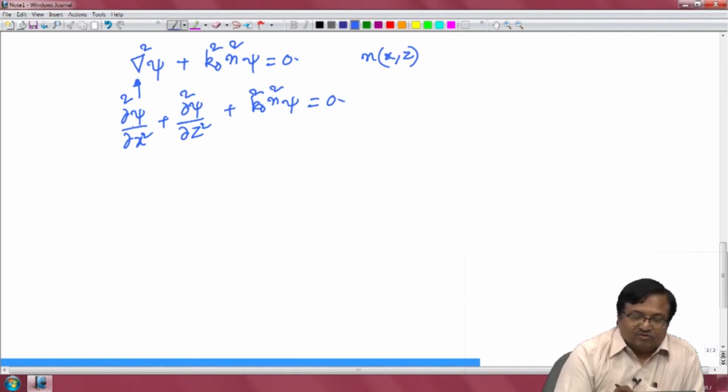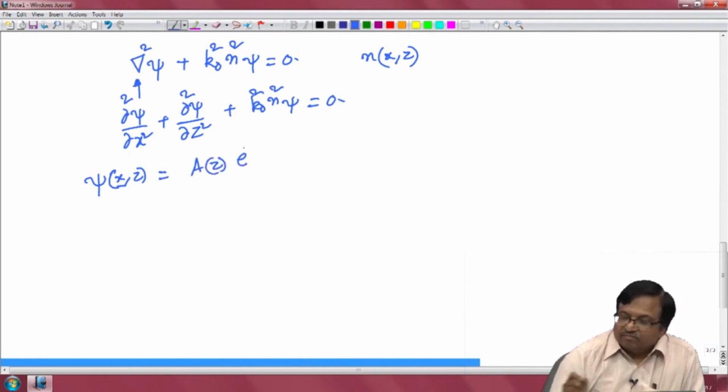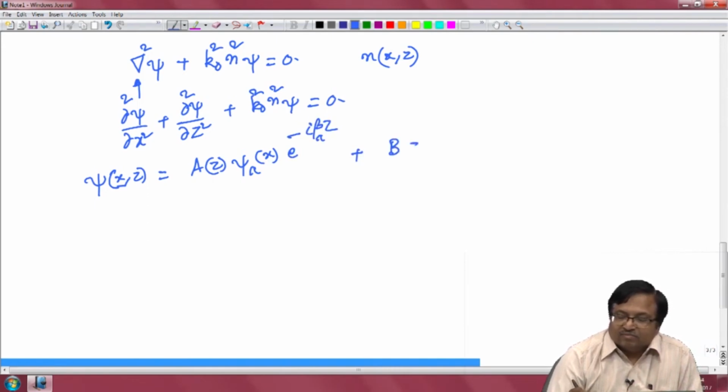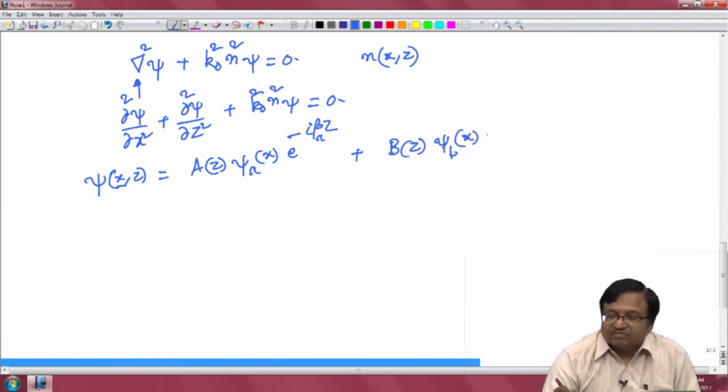Now, expressing the total field in terms of the individual mode fields, we get psi of x comma z is A of z into psi A of x into e power minus i beta A z, plus B of z into psi B of x e power minus i beta B z.